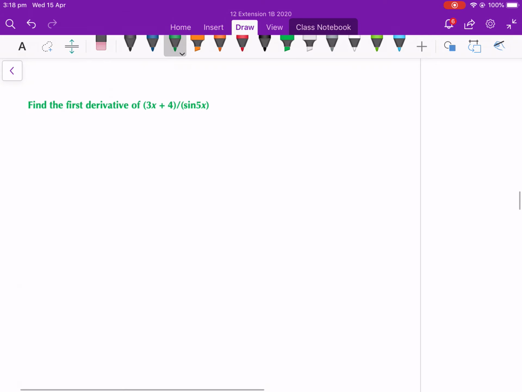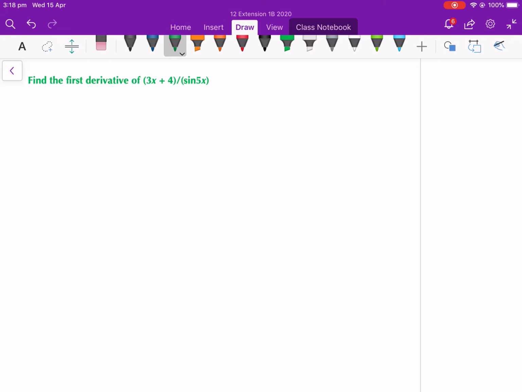Now the last example we're going to look at is to find the derivative of, and we'll write this in a more familiar form so it's easier to view, 3x plus 4 over sine of 5x. This is a quotient rule question because it's in the form of u over v. Just a quick reminder of the quotient rule: dy on dx is equal to u dash v minus v dash u, all over v squared.